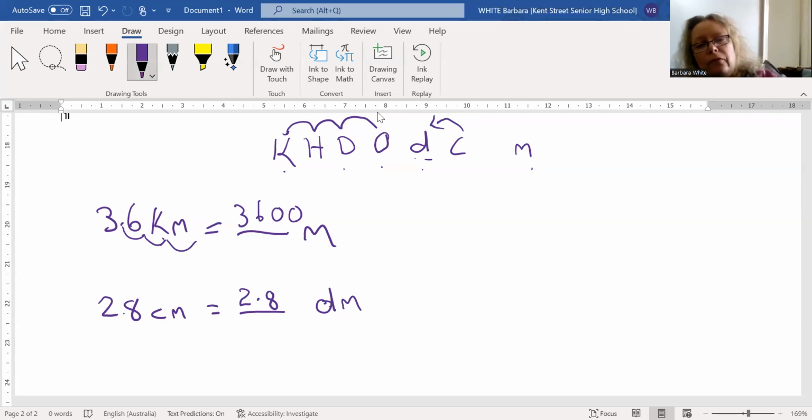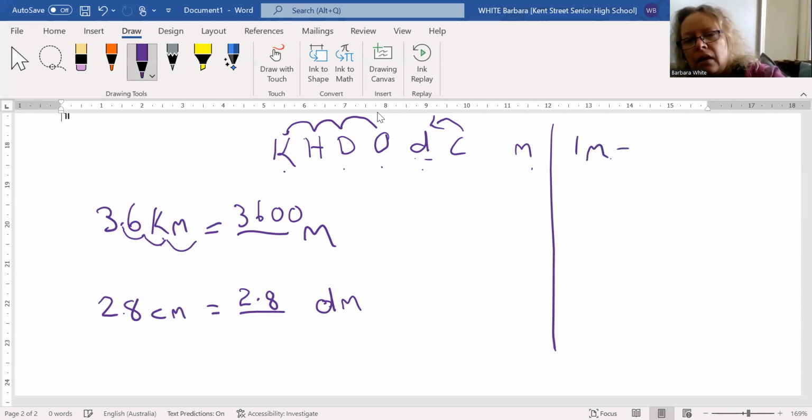Some of you might prefer the usual way of giving you the information, which is 1 meter equals 100 centimeters, 1 kilometer equals 1,000 meters, and 1 centimeter equals 10 millimeters.